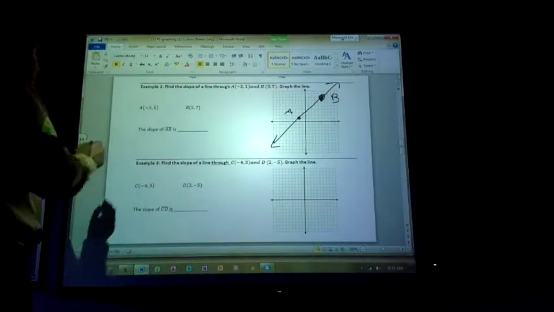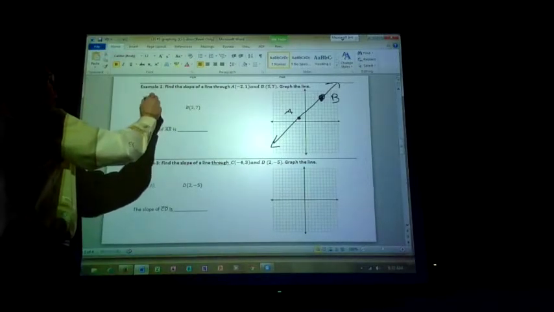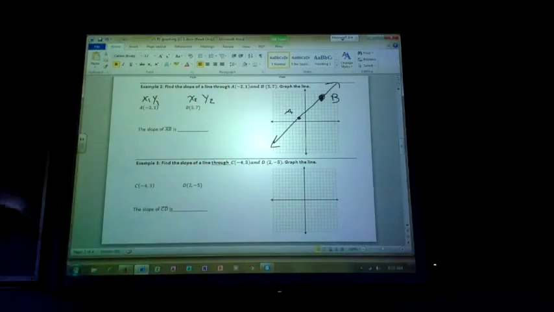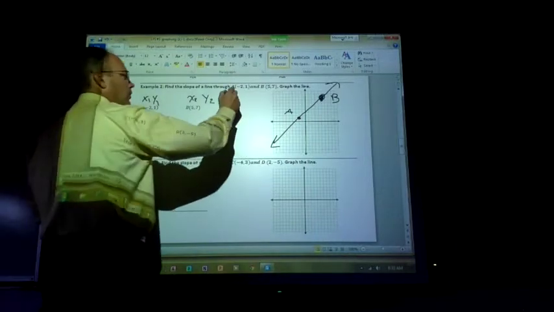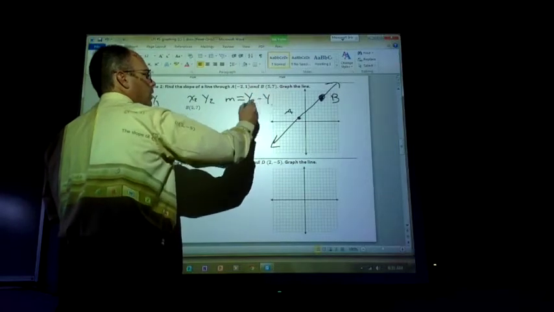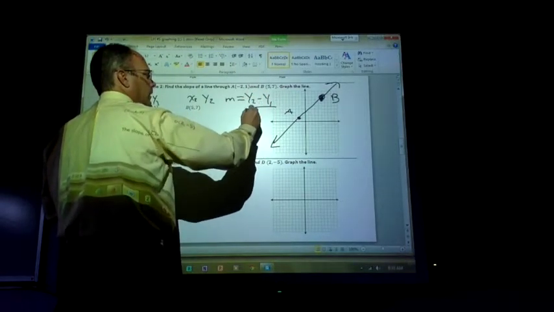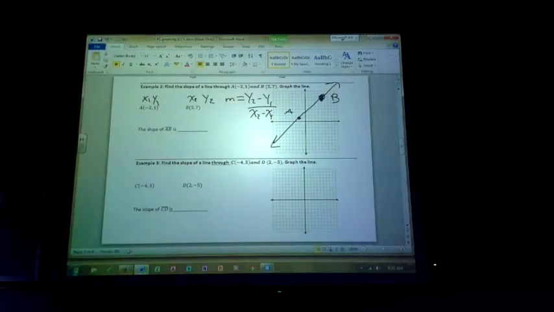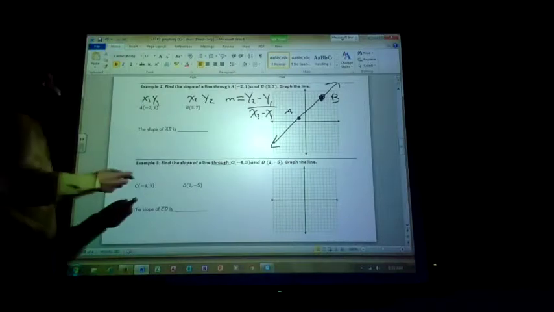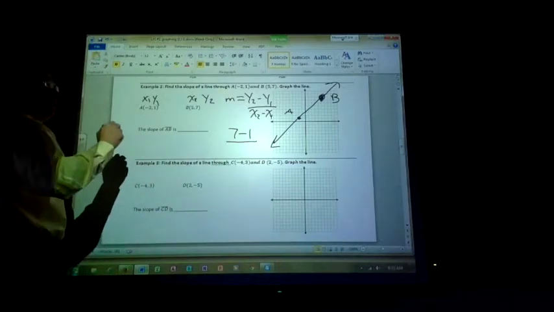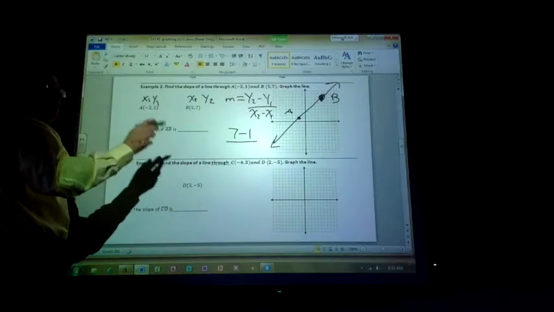If I label this x1 and y1, and this x2 and y2, the slope equation is y2 minus y1 over x2 minus x1. If I plug those in, y2 minus y1, I get 7 minus 1 over, what do you think, 5 minus negative 2.